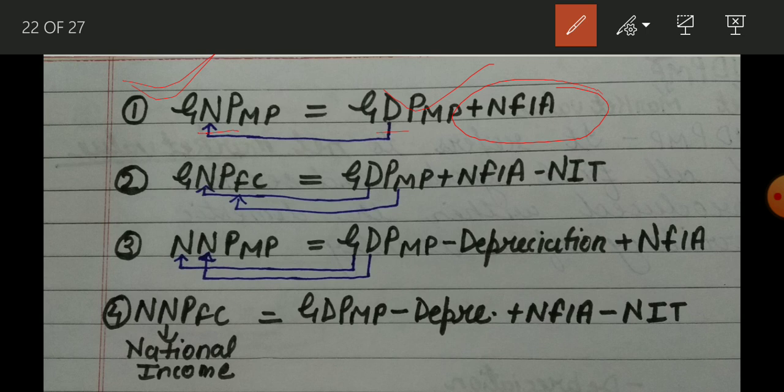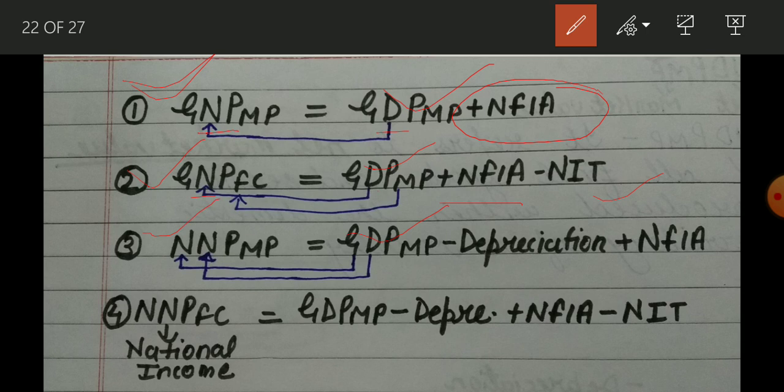Clear? Okay, next: suppose GDP MP is given and you are told to find GNP FC. Already, when we are moving from G to N, we add NFIA. And when we are moving from MP to FC, FC means minus NIT. Okay. Now the third one: suppose GDP MP is given, you have to find NNP MP.